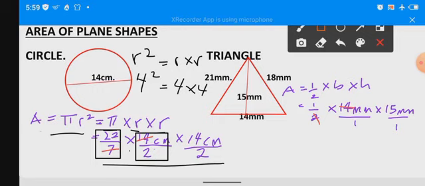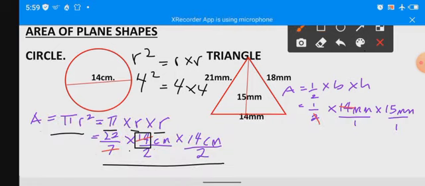Now let's proceed. This 7 will divide 14. 7 in 7 is 1, and 7 in 14 gives you 2.